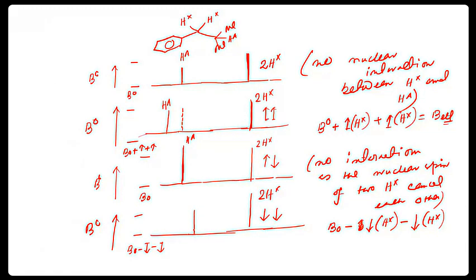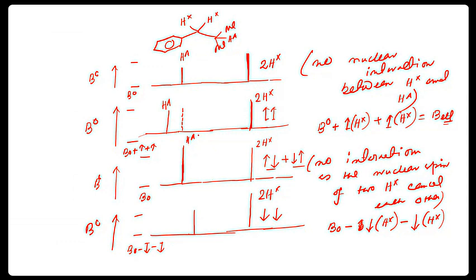Now, one interesting phenomenon I didn't discuss till now. Here, look, this is one way: first proton up, second proton down, meaning nuclear spin, plus another possibility, first proton down, second proton up. Two possibilities. So there will be double intensity.